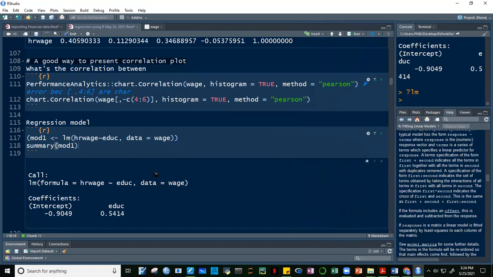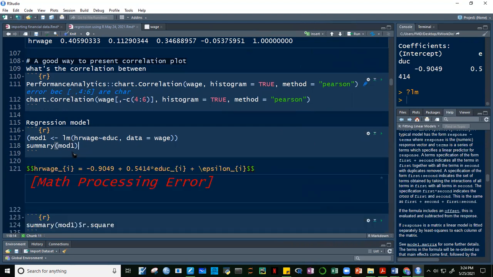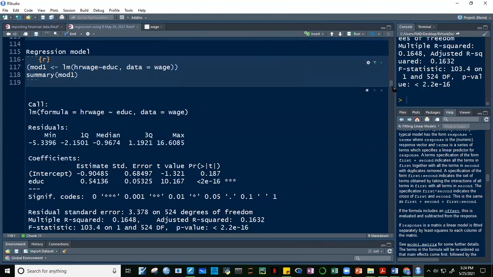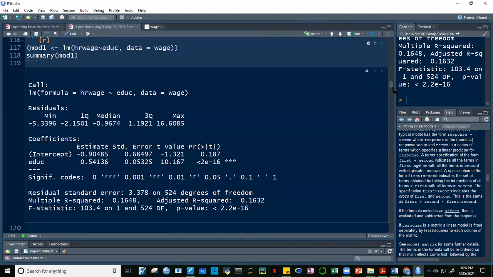So LM is used for linear regression. Now, para makuha natin yung buong resulta, we can make use of summary of model1. Run natin to. Here we can see the full report of your regression model.